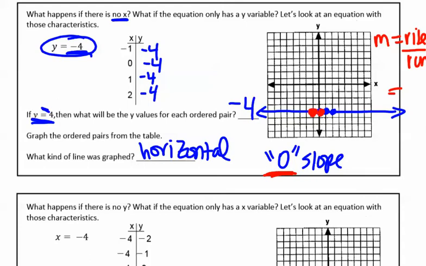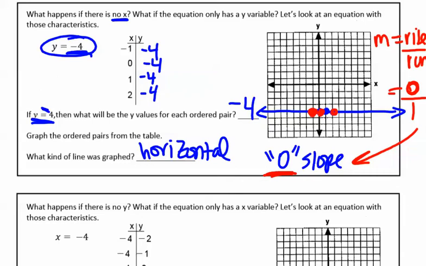Are we going up or down? No, we're not doing anything. We're not moving up, we're not moving down, but then we're going to run one space. So our slope, we get 0 over 1, which is just 0. It takes us back to 0 for slope. If we did the first point and this point, we're going up 0, we're running 1, 2, 3. Again, we get 0 for our slope.